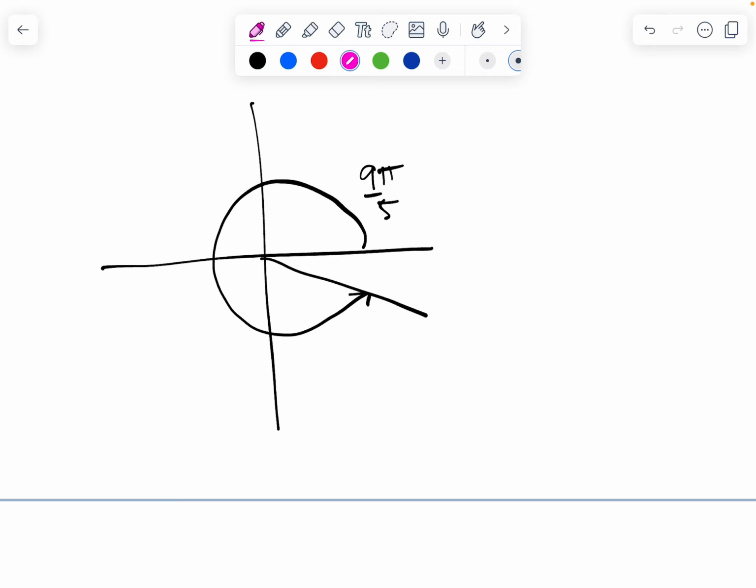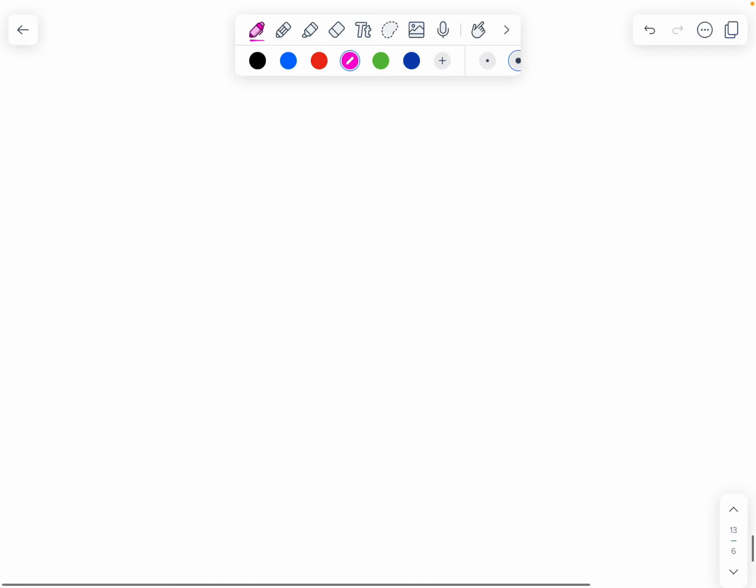Okay, well, we already established that 180 degrees is 5 pi fifths. This right here would be 10 pi fifths. Okay, so how much rotation do I need? It's going to be pi fifths. I've wound 9 pi fifths plus another pi fifths is 10 pi fifths, which is equal to 2 pi, which is 360.